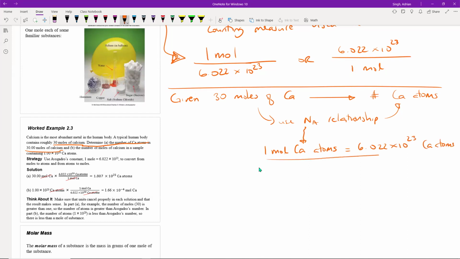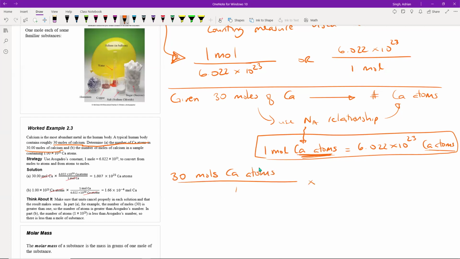Okay, that's my equality. Same equality I saw before. The only thing now that I did differently is I inserted the actual unit, calcium atoms and calcium atoms, into it. So if I start with what's given, the 30 moles of calcium atoms, put that over 1. Then I can take my equality, I can insert it in here.